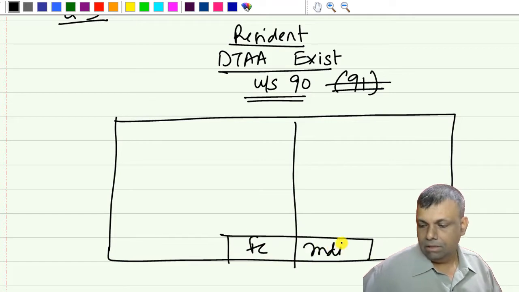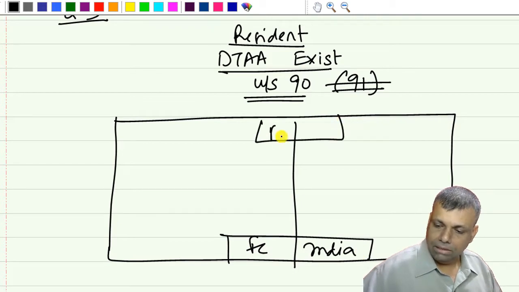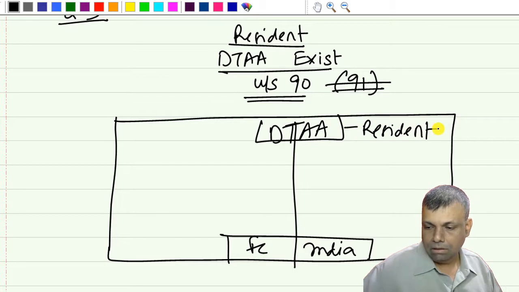Foreign country, India, and there is DTAA. DTAA is already there. Now in India, assessee is resident. And in the foreign country, it has got an income of 1,92,000.